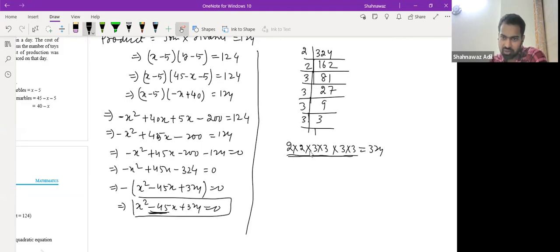Let's say this is 12 and this is 27. So these are the two factors. Can these two factors give me minus 45 if I add or subtract them?